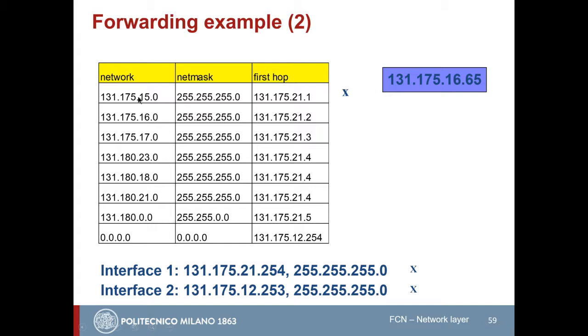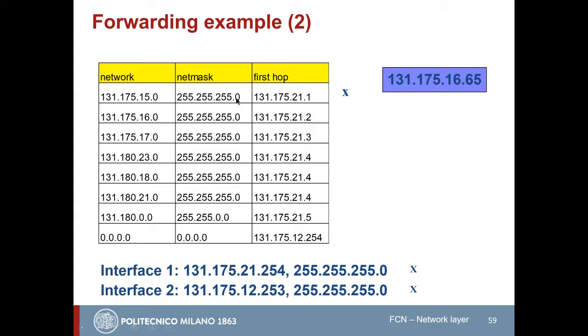Actually, this second operation is not needed, because here you already have the network prefix directly, so you don't need to make a bitwise AND. Here you already have the result, so we just make the bitwise AND with the destination address, and you can see that in this case we don't have matching.